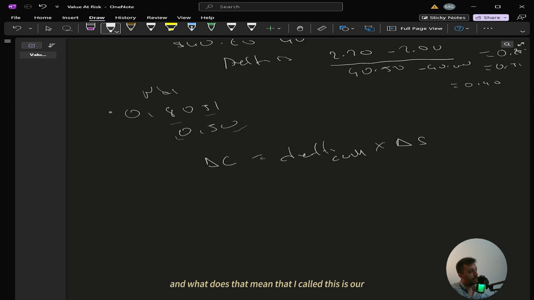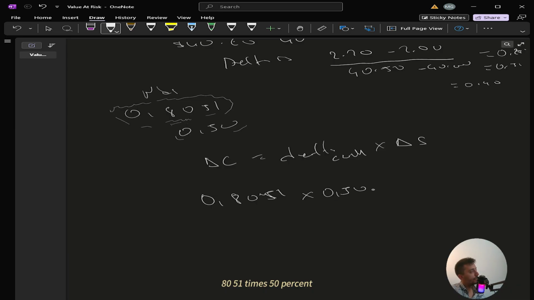Delta call is our cumulative normal probability, coming from the cumulative normal distribution. 0.8051 times 50 percent is approximately 0.9 or 50, I don't know.